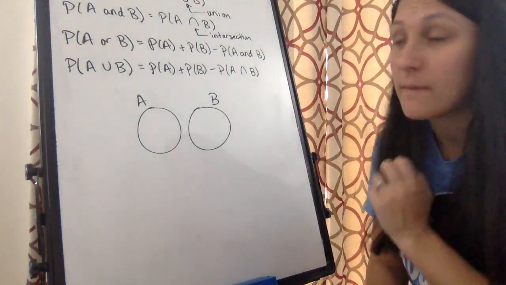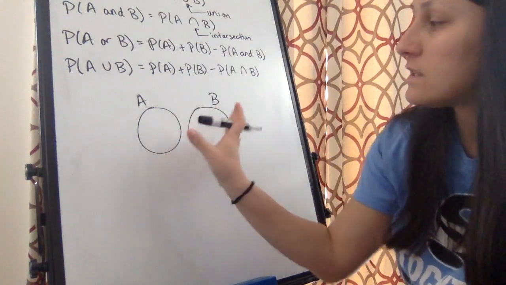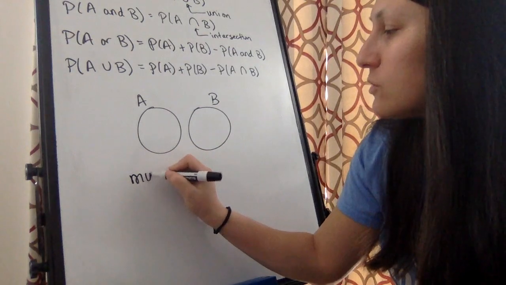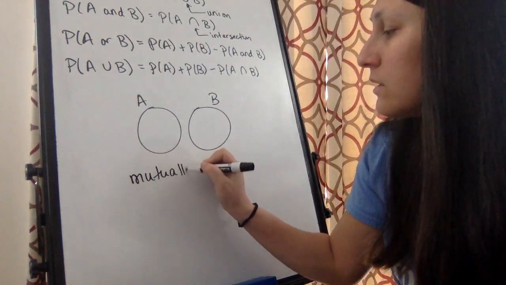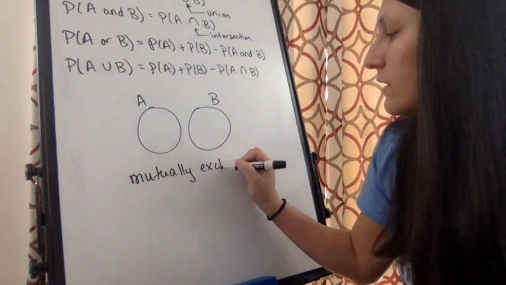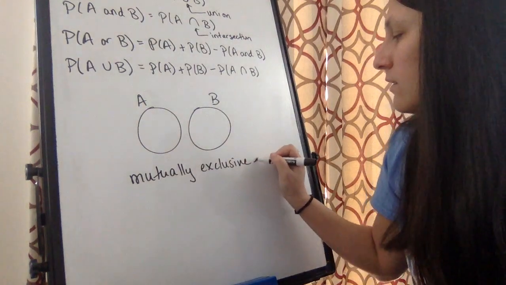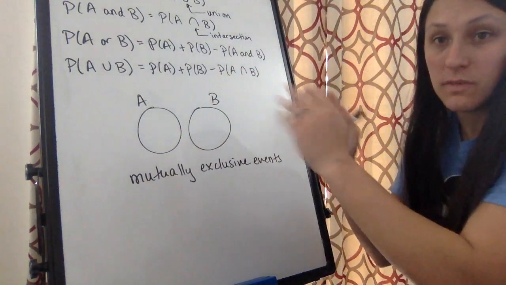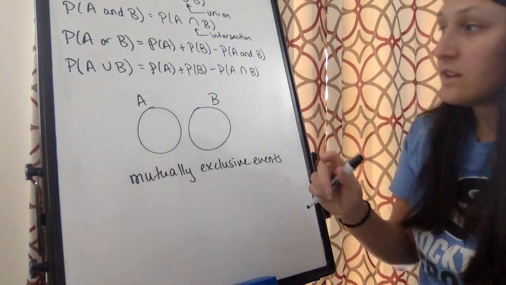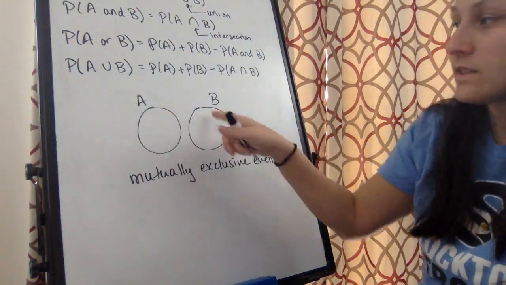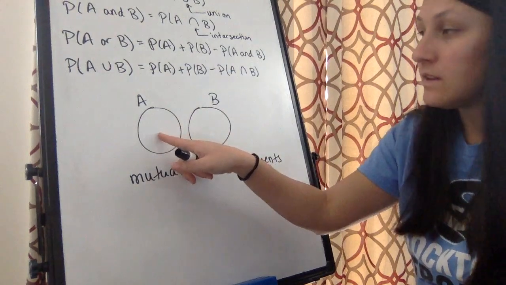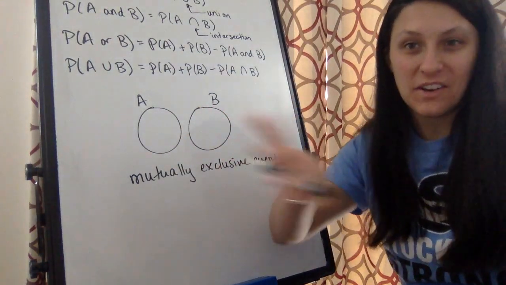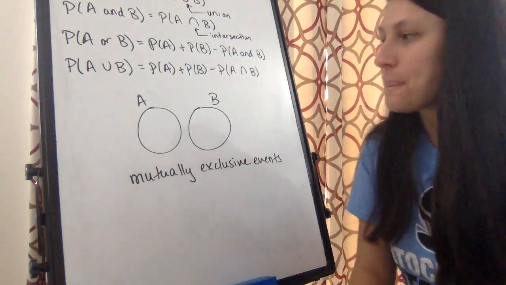There was no overlap. So this type of situation has a special word. They are called mutually exclusive events because they exclude each other. They mutually exclude each other. Set A has nothing from set B in it, and set B has nothing from set A in it. So they're mutually excluding one another.